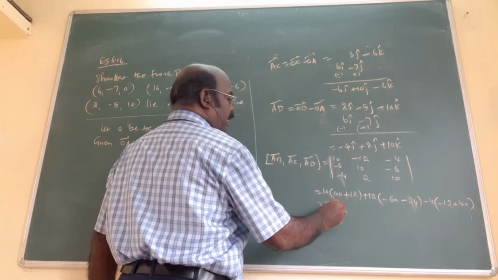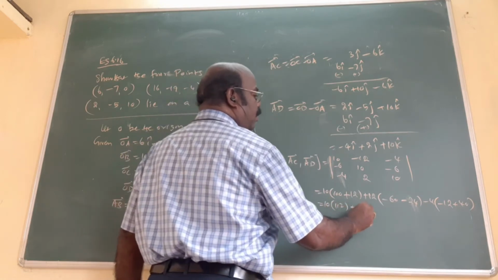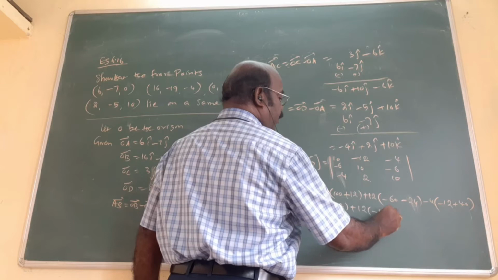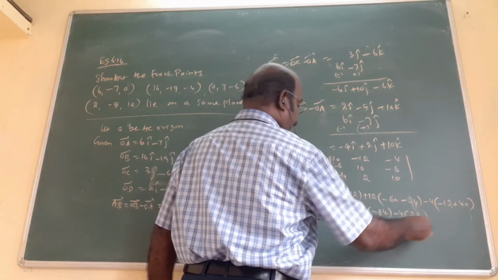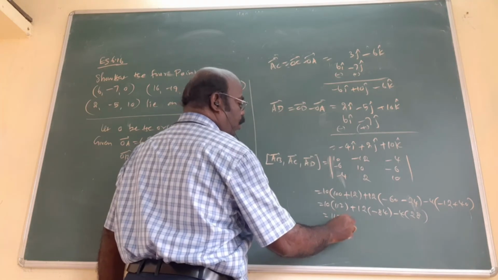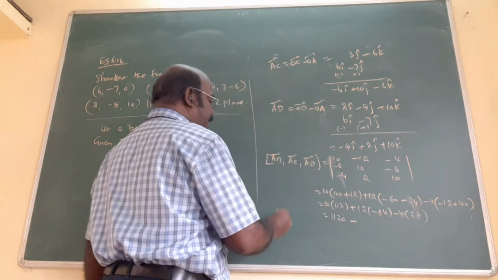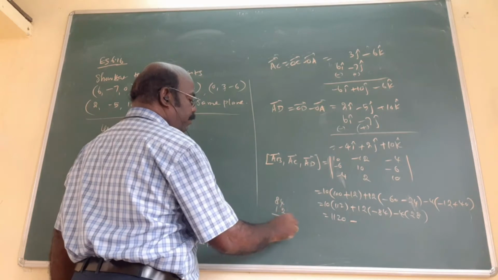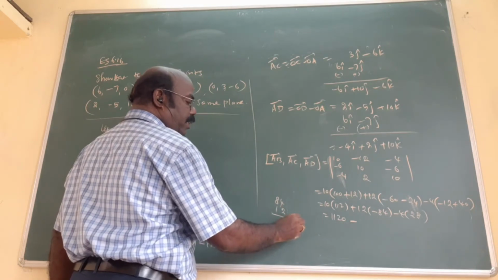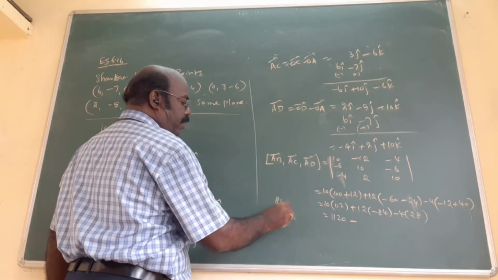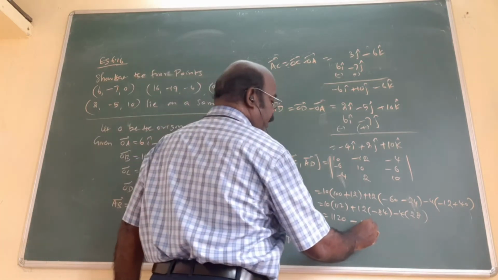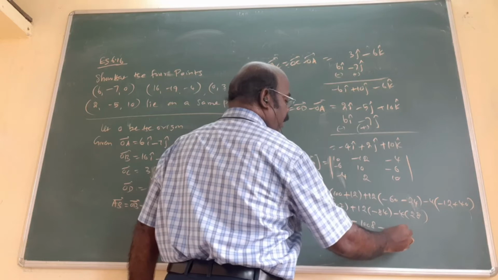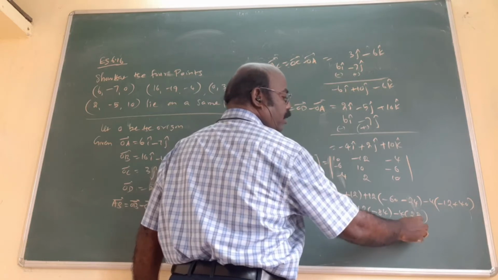Now 10 into 112, 12 into minus 84, minus 4 into 28. Now 1120 minus 84 into 12, that is 1008. Multiply 28 by 4, 112.